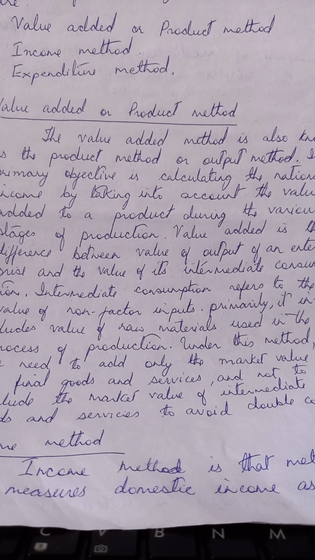It is calculated by taking the difference between the value of output and the value of its intermediate consumption. Now the question is, what is this value of output? Here, the value of output refers to the market value of all goods and services produced by a firm during a particular year.